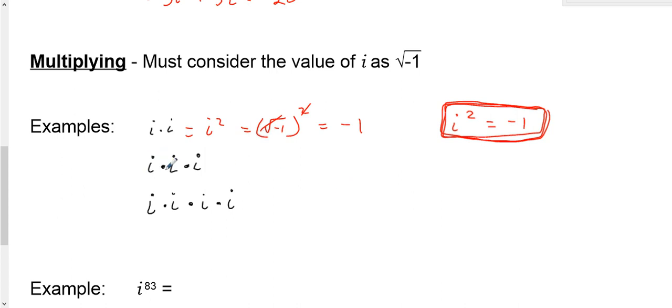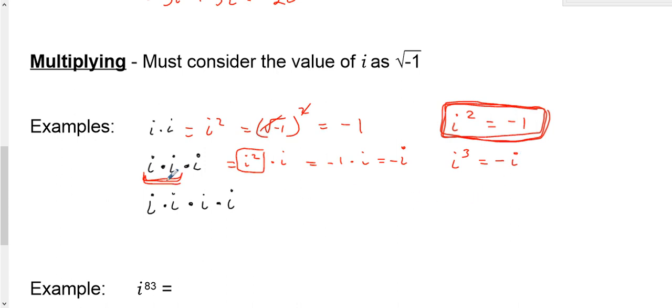If I look at i times i times i, and I group these so that I have two of them, I could say, well, i squared times i, and knowing that the value of i squared is the same thing as negative 1, and I've got this other i that's kind of extra, I have negative 1 times i, which is negative i. So i cubed is negative i.